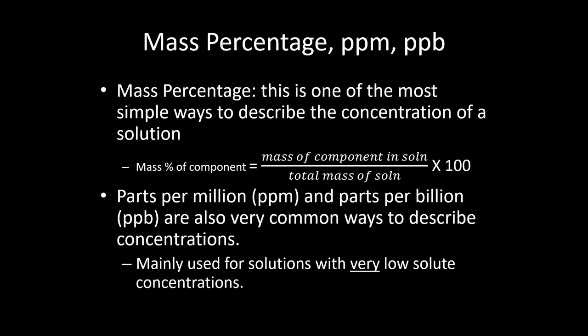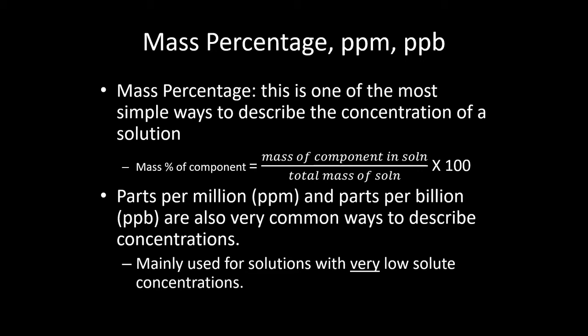Now, parts per million and parts per billion, which are other concentration units, like I mentioned just a minute ago, are more commonly used in fields of science where you're dealing with very small concentrations. So in environmental chemistry, for example, you might be investigating the concentration of some kind of contaminant in a river or a stream somewhere.